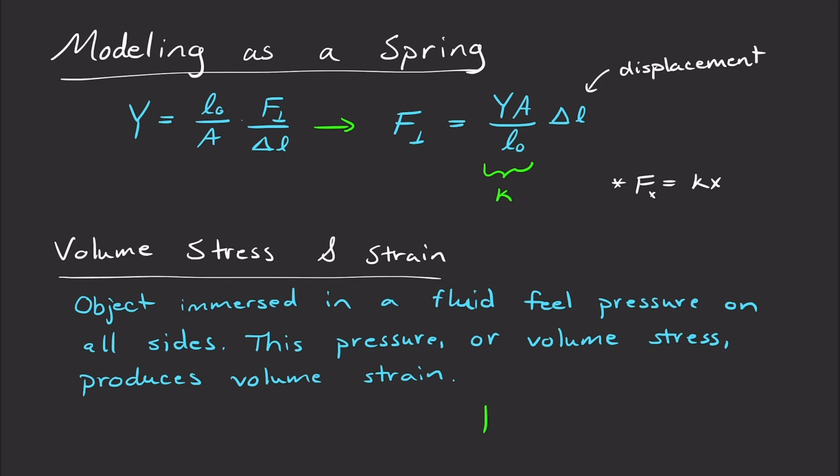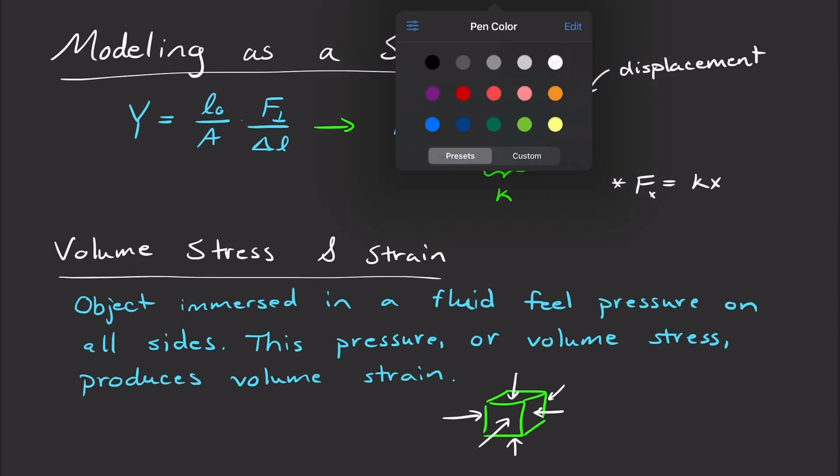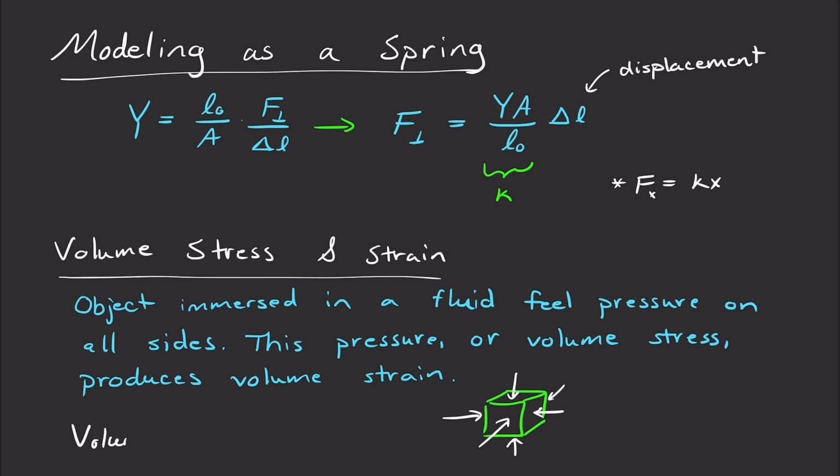So you can imagine if you have some cube and it's submerged in water, it's going to have forces pushing on it from all directions, one from the back. And so it's effectively trying to squeeze it and make it smaller. So our volume strain would be equal to the change in volume over the original volume.